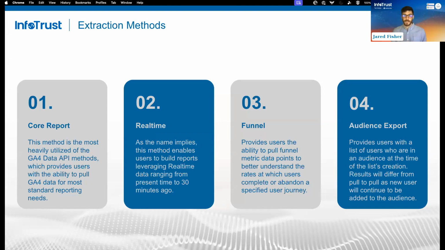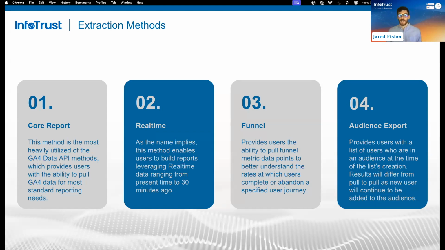If you've seen a funnel exploration within GA4, some of those same metrics are available through there: abandonment rate, completion rate, things like that, once you set up the actual steps needed to create that funnel. We've seen individuals leverage funnel, but it's very rare. Typically they leverage a core report within a dashboarding tool, start filtering out data, and then create their funnel based on their core report data rather than the funnel route.